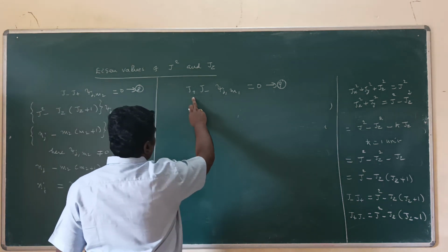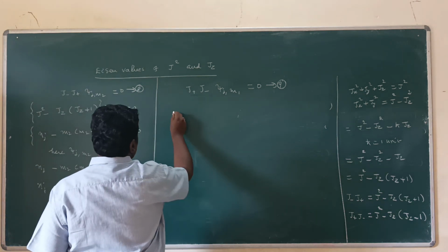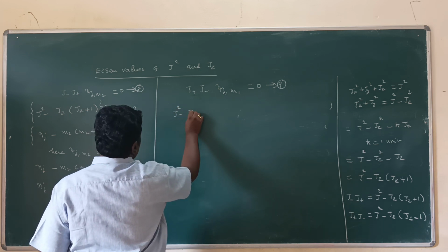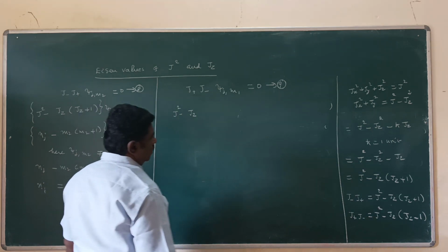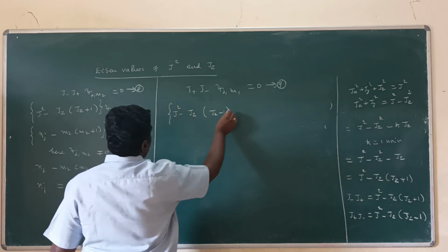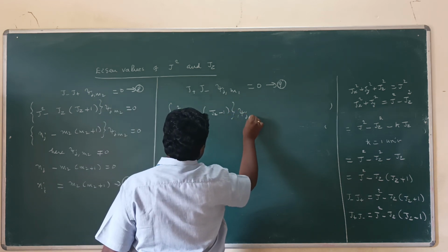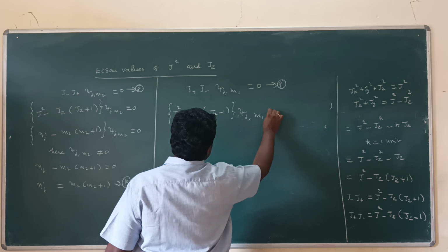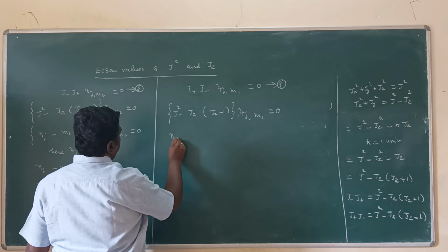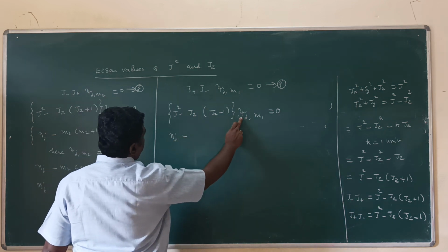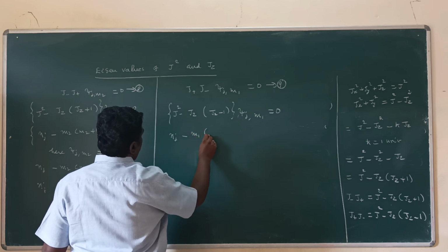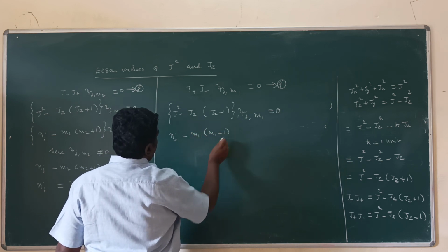Here we have to substitute the value of J+ J− in equation 9, which is J square − Jz(Jz − 1), multiplied by ψ(j,m1) equal to 0. This is η_j − Jz(Jz − 1), where Jz gives m, and here we are using m1, so I have to put m1(m1 − 1).